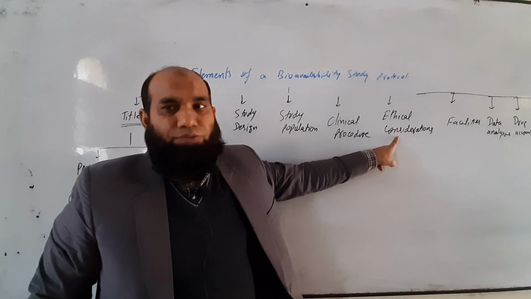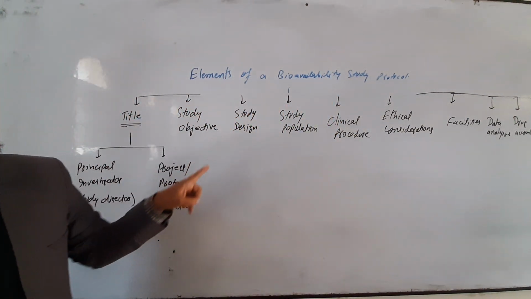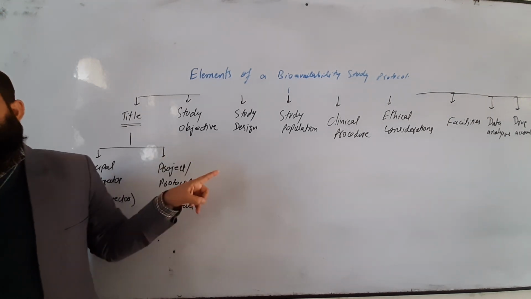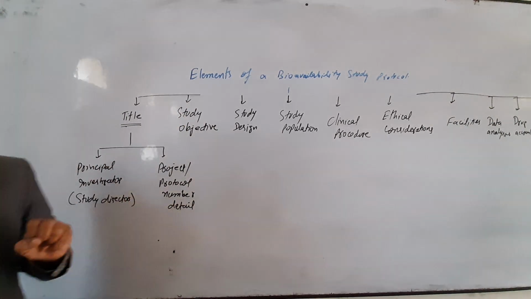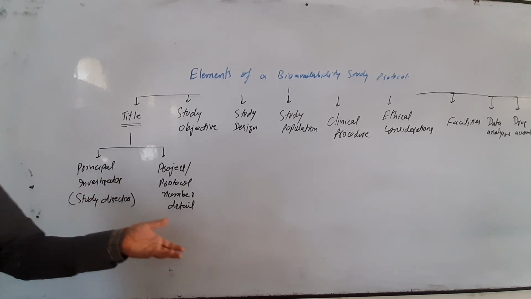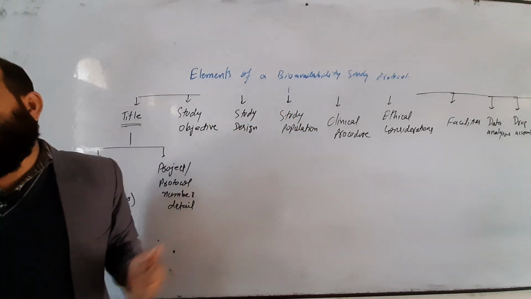They will give us the permission to conduct this type of study, because in case of bioavailability studies and bioequivalence studies, we have to perform our research work on human beings. And when we are using human beings and healthy volunteers, we have to take some type of application or permission from the ethical review board.